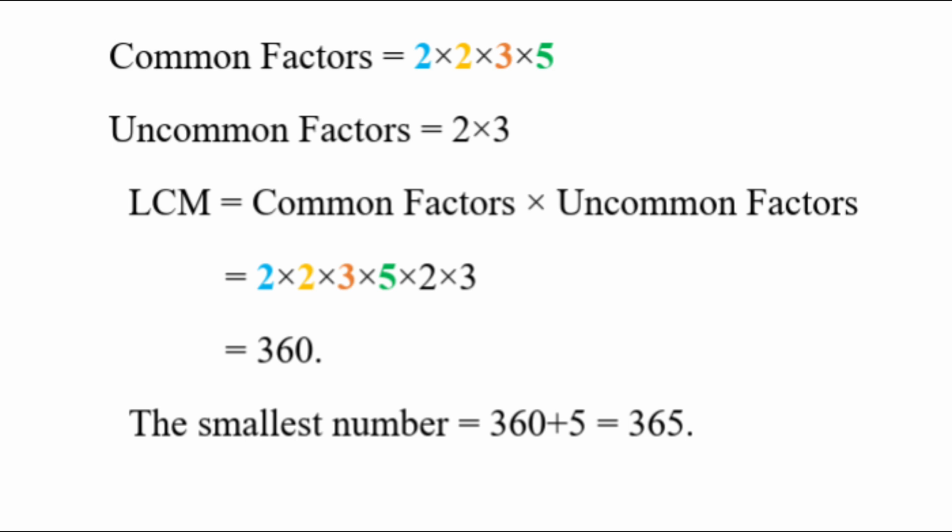Therefore, LCM is 360 and for the smallest number where the remainder remains 5, we are going to add 5 to this 360. So 360 plus 5 is equal to 365. The smallest number is 365. Whenever these numbers divide it, the remainder will be 5.